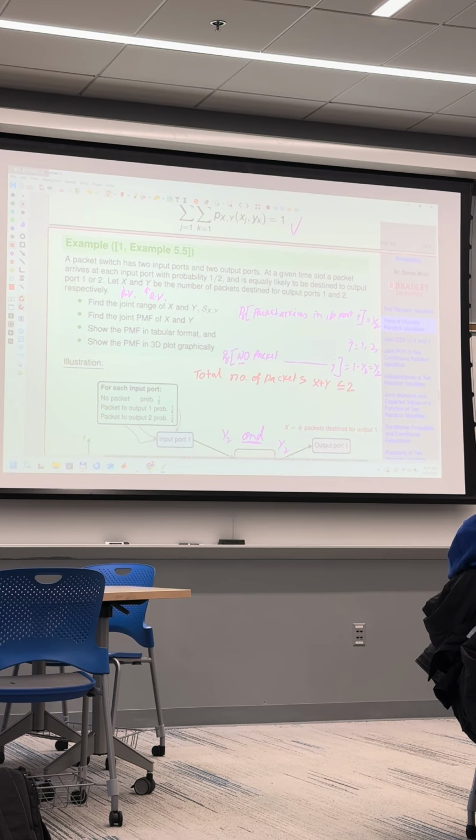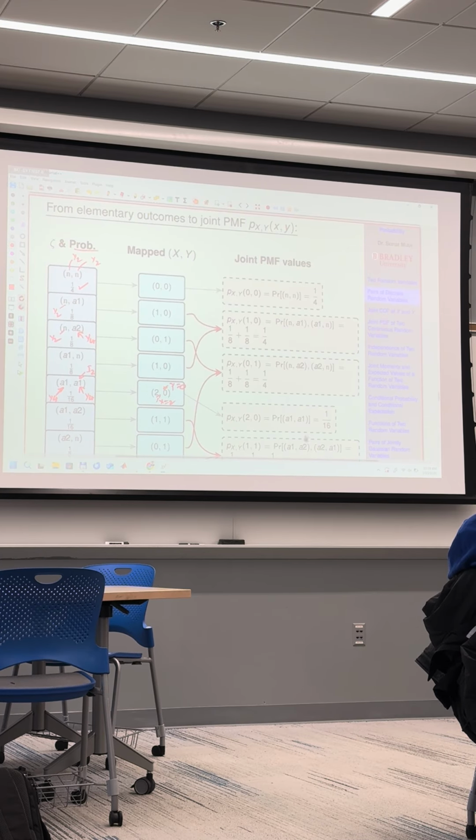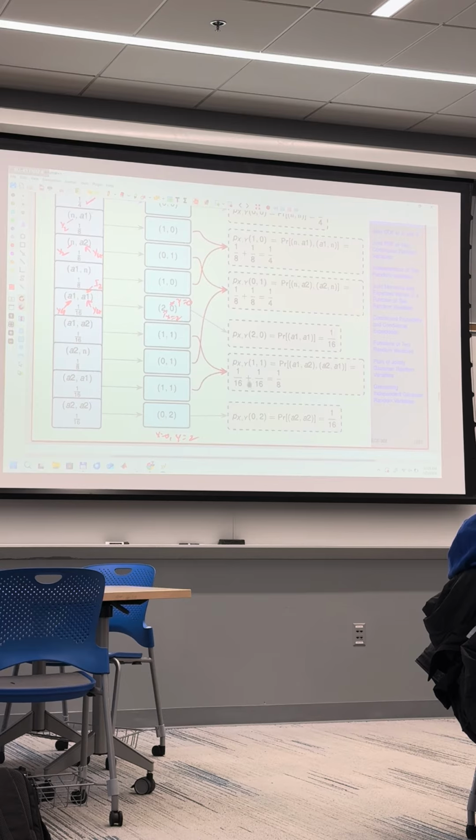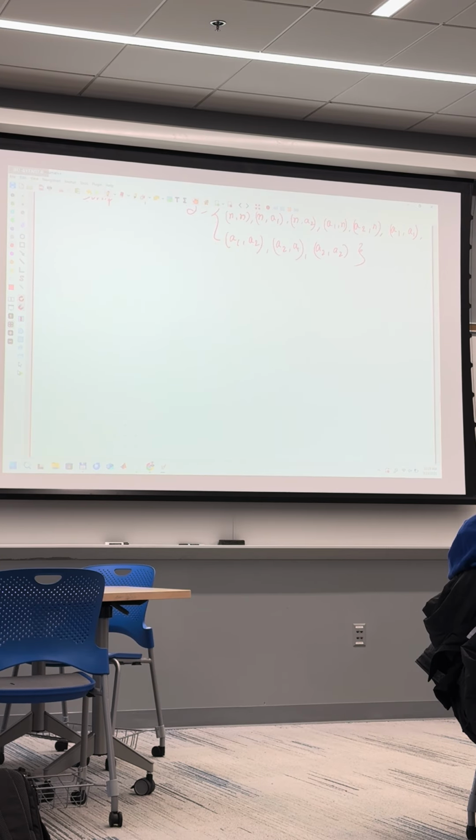So find the joint PMF of random variable X, Y. So we found the joint PMF values. In short, you can just write it down as such. PMF of X, Y taking value 0, 0 is going to be 1/4.